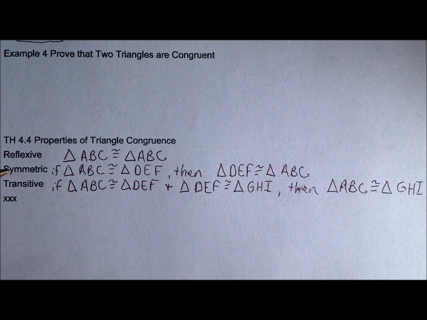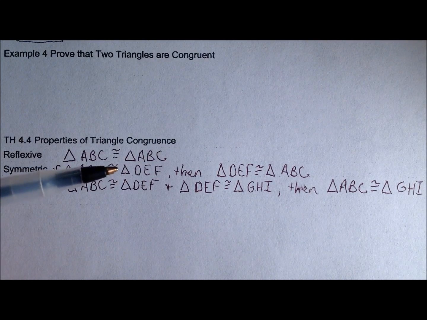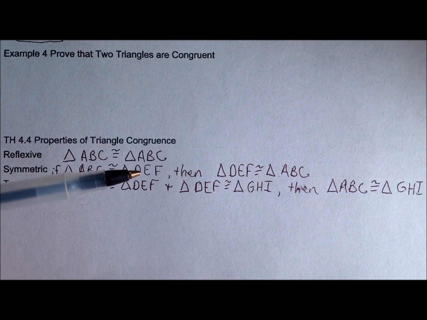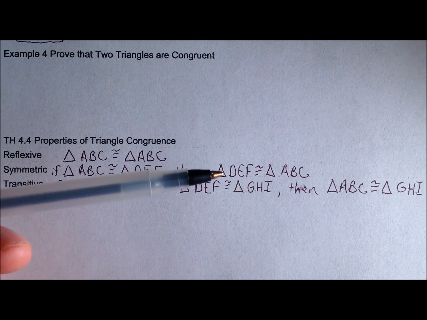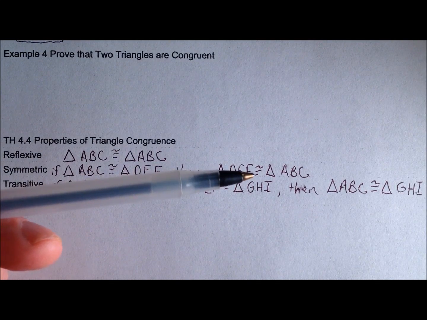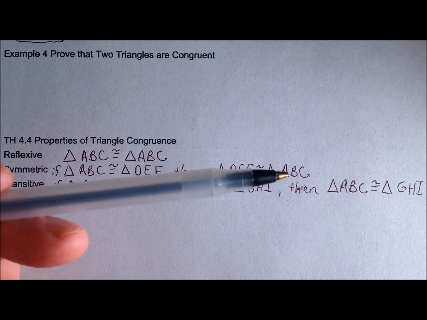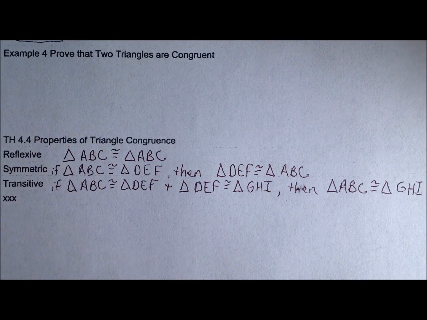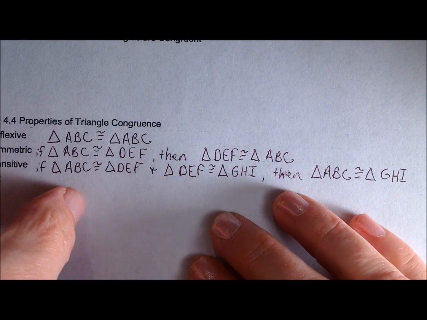The next property is the symmetric one. So if triangle ABC is congruent to triangle DEF, then vice versa. Triangle DEF is congruent to triangle ABC. Now, symmetric, it talks about two halves being the same. So if you would fold these in half at the congruence sign, maybe I can do this here for you. Let me see.